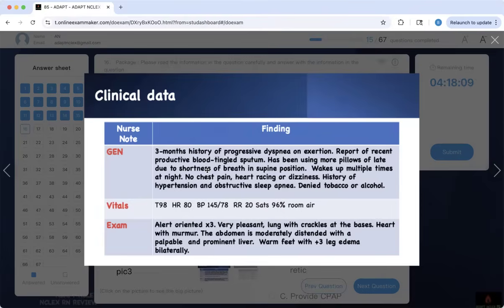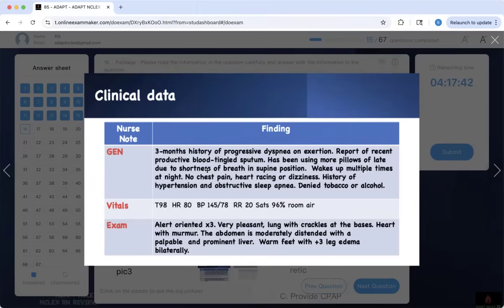What is going on with this patient? Wakes up in the middle of the night, right? That's orthopnea. He has no chest pain, heart racing, or dizziness. He has a history of hypertension and sleep apnea, but he denies tobacco and alcohol. Did you figure out what is wrong with the patient? Look at it. 3-month history of what? Progressive dyspnea on exertion.